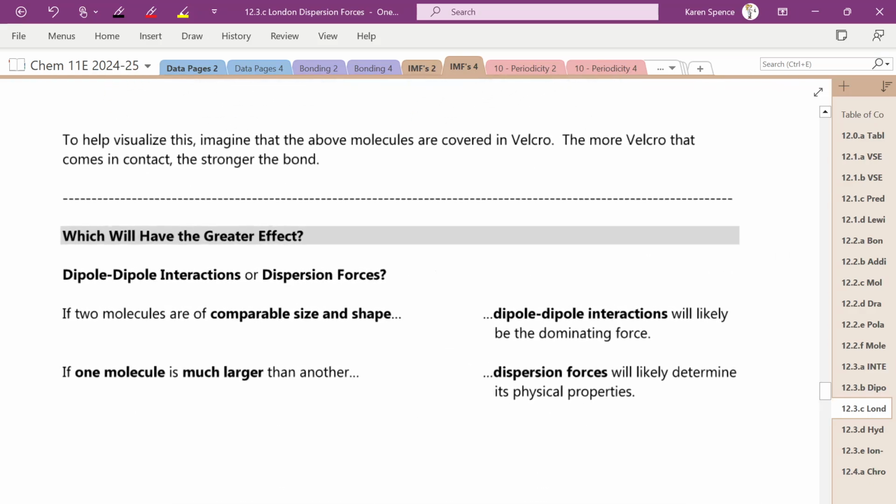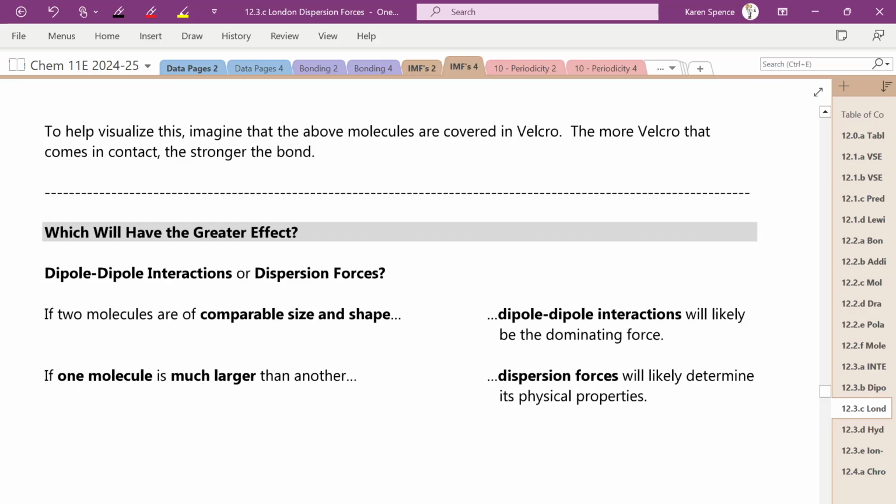Okay. Now, finally, we're going to take a look at this one here. Dipole-dipole interactions or dispersion forces, if we have comparable size and shape. So let's say that we had these two molecules.